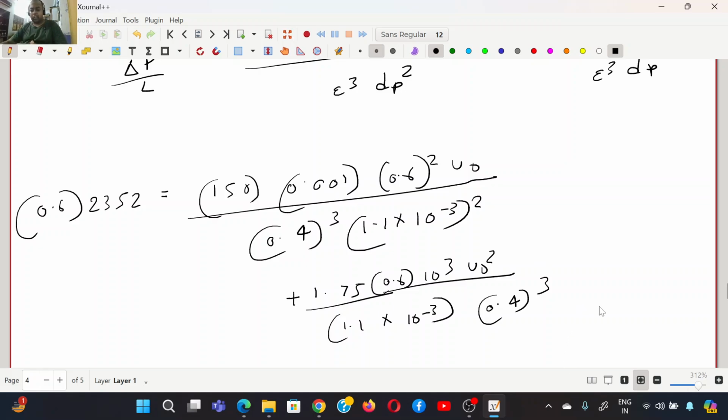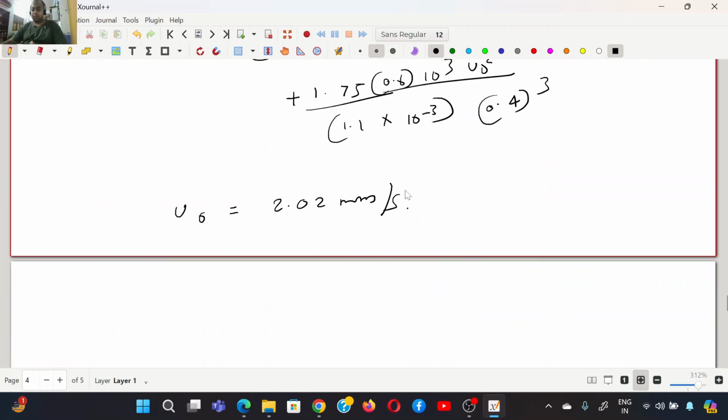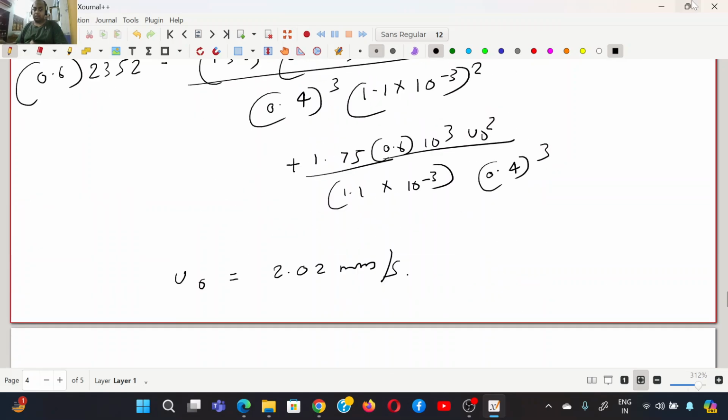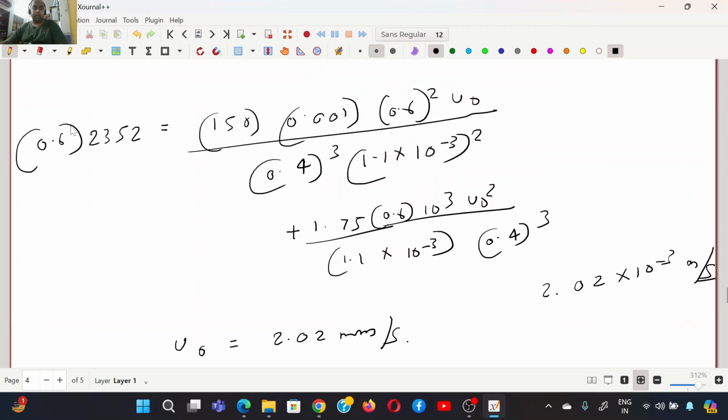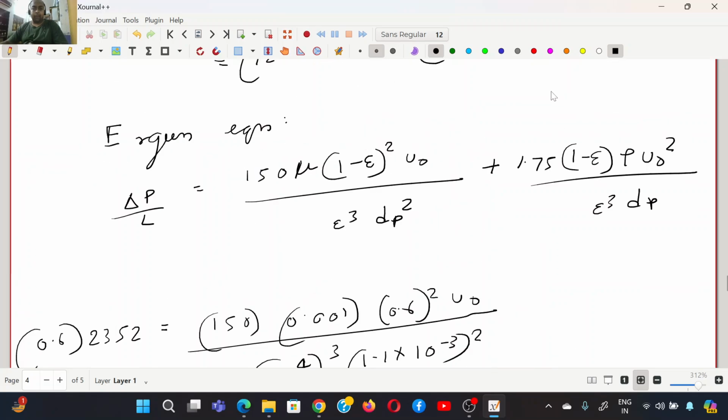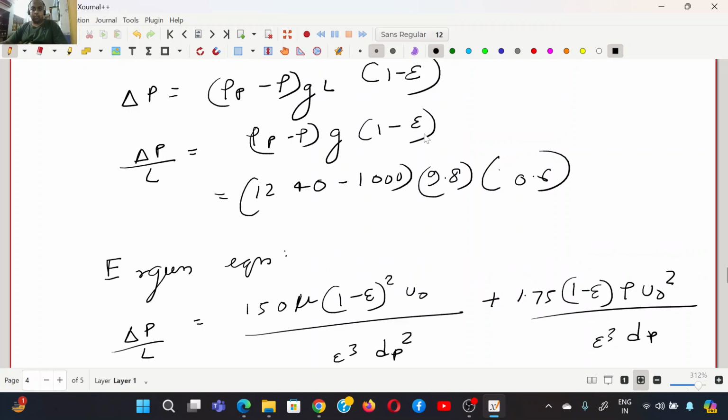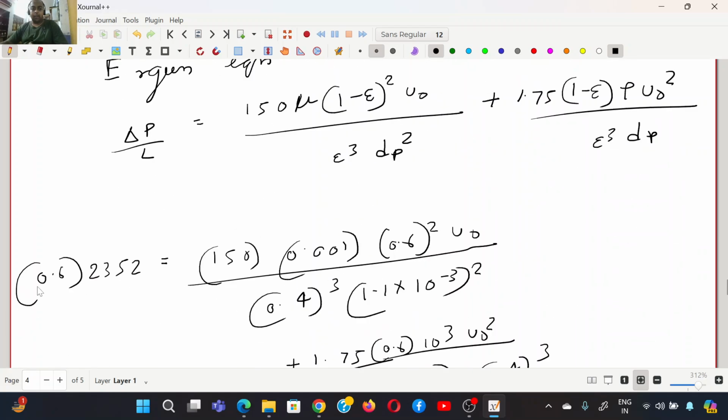I got 2.02 into 25 minus 2.02. Will you multiply by 0.6 here? Here, I just added now. Okay, because this 1 minus epsilon is also there. I did not add 1 minus epsilon here. It is 0.6. Now you check.